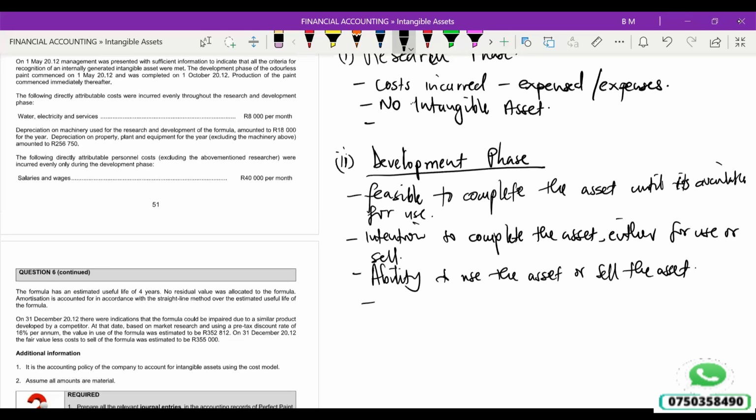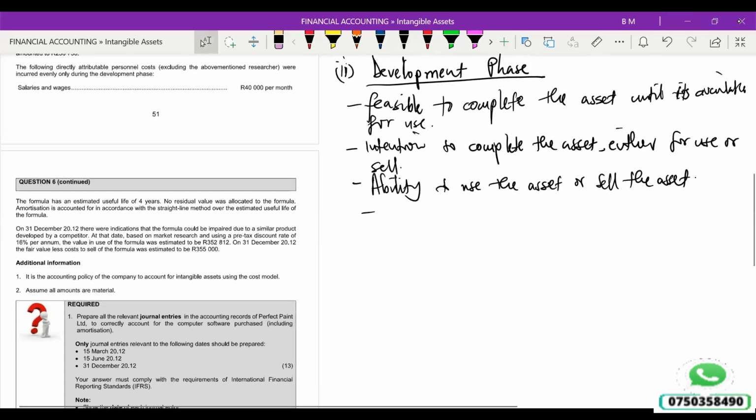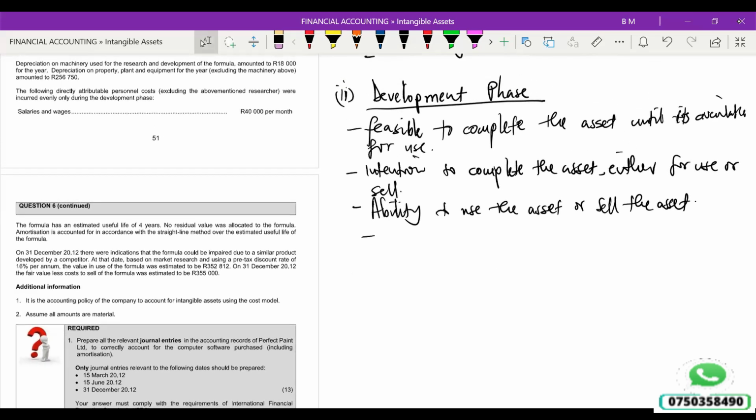So in other words, if we are generating a formula, either we're going to sell the formula or we're going to use the formula, whichever way.